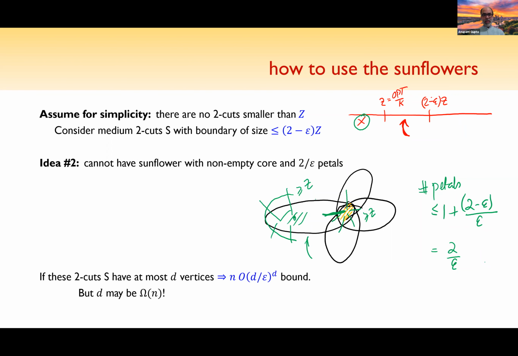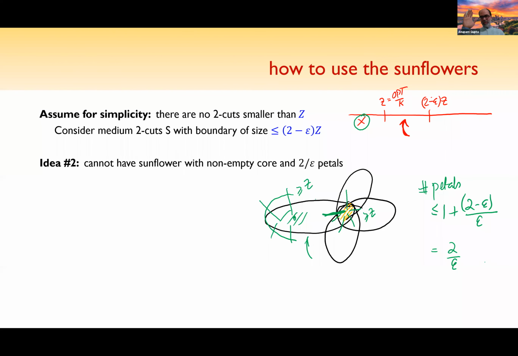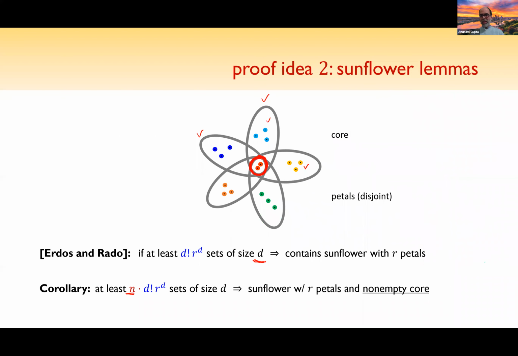So this says that you can't have a large sunflower. If you had a large sunflower, then you'd violate the calculation that we just did. So we cannot have a large sunflower. The one thing to remember is the sunflower lemma has this annoying dependence on D, the size of the set system.